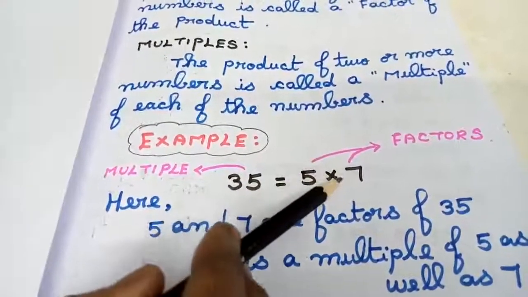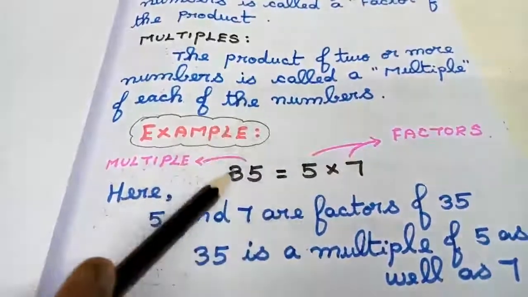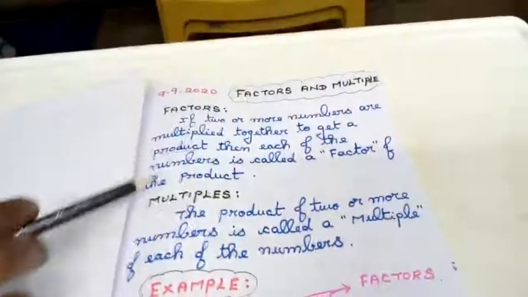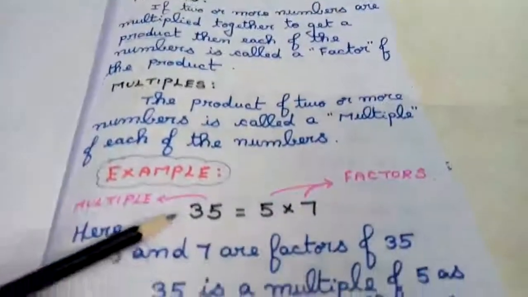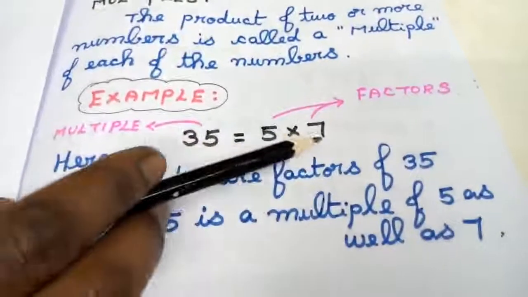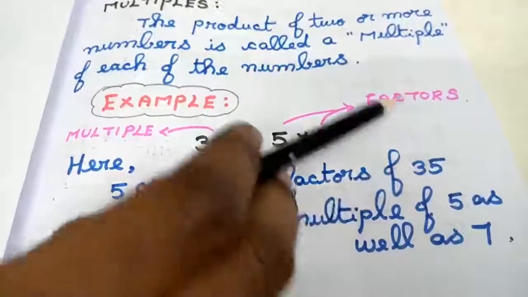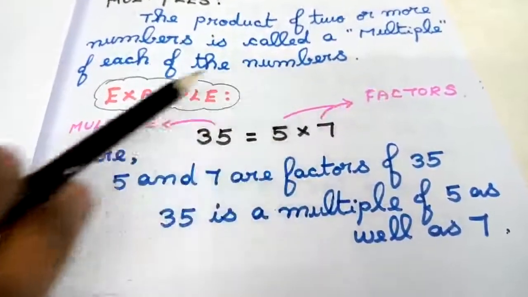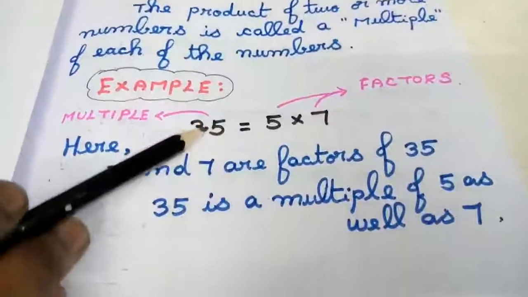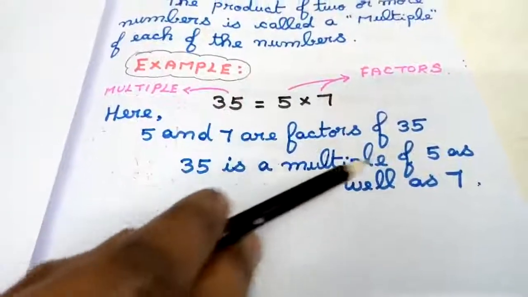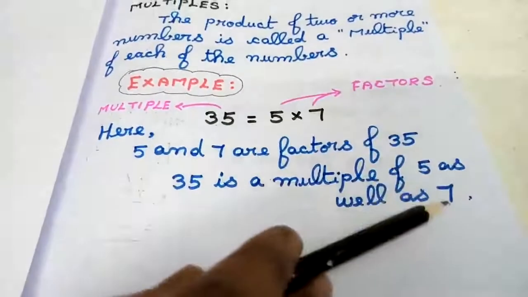This 5 into 7 is known as factors and 35 is known as a multiple, and that is the concept we are seeing in these two definitions. Here, 5 and 7 are factors of 35, and 35 is known as a multiple of 5 as well as 7.